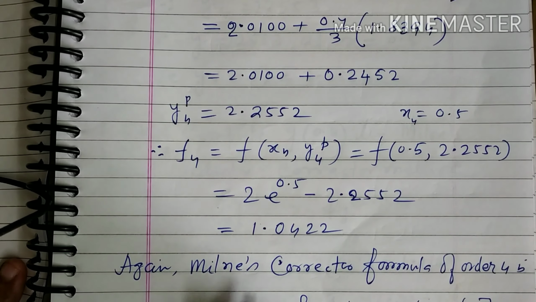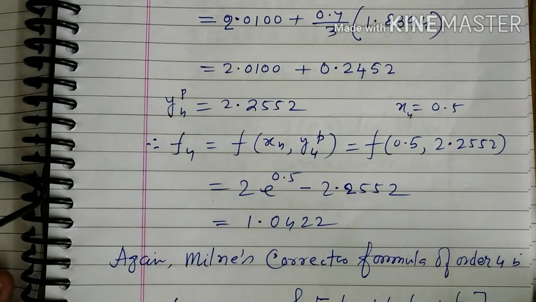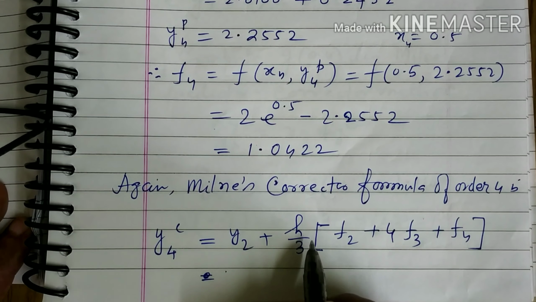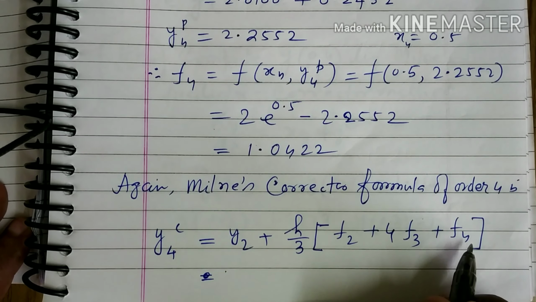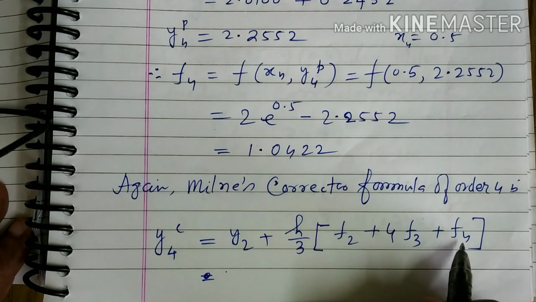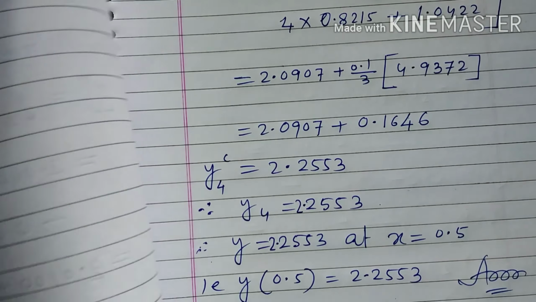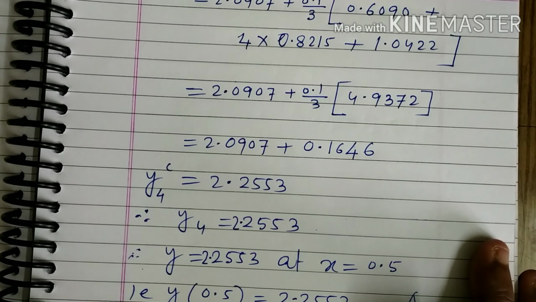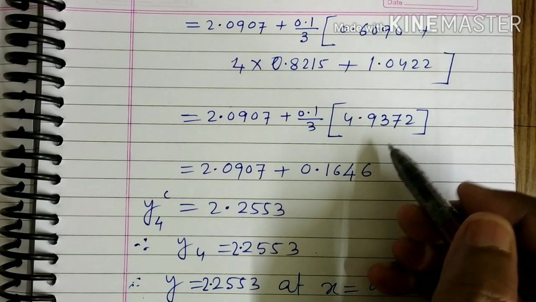Again, the Milne-Simpson corrector formula of order 4, y4c, where c stands for corrector, is y4c = y2 + (h/3)(f2 + 4f3 + f4). Our next step is to substitute the values of y2, h, f2, f3 and f4 into this formula, one by one.